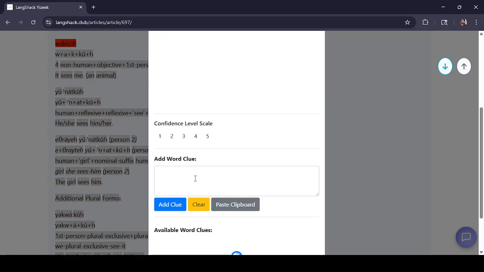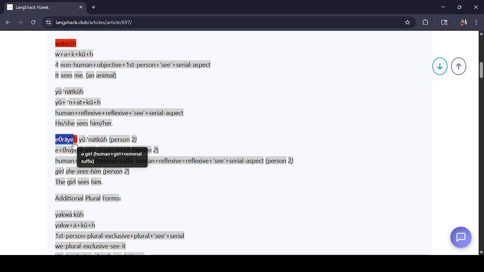And just to break down this word real quick, just so you can understand a little bit better, the first part is a human. Okay. Fry is a girl, or I'm not sure if that's a lady or a woman. And then this is one of the nominal suffixes.